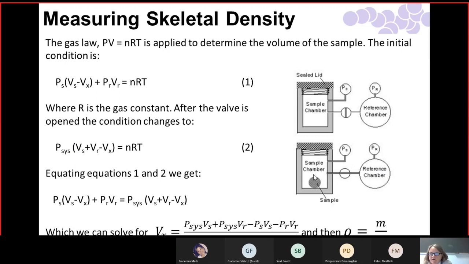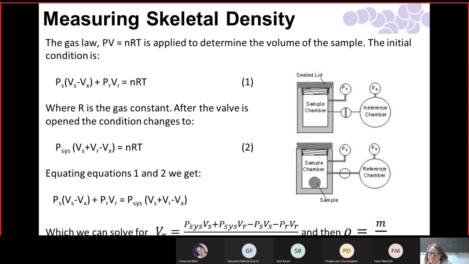So it's related to the pressure in the system after it reaches equilibrium times the sample chamber volume plus the pressure in the system times the reference chamber volume, minus the initial sample chamber pressure and the initial reference pressure, both times their volume.